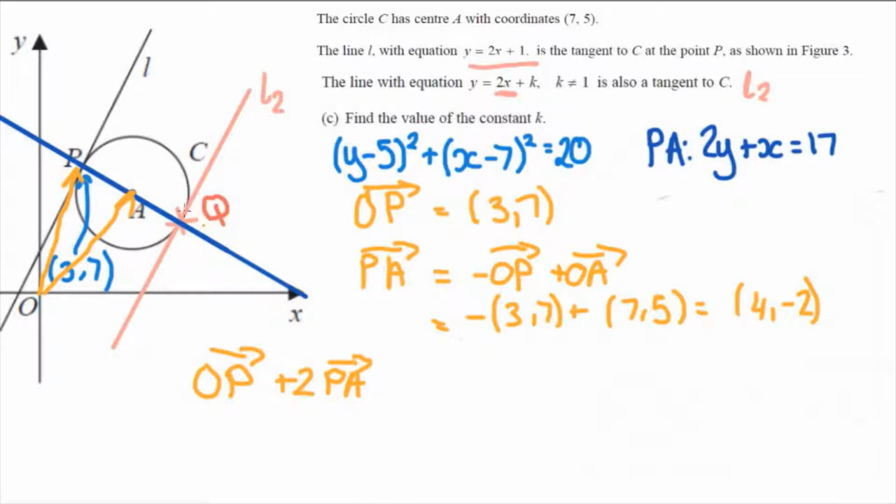And that will take us to Q. So we get 3, 7 plus 2, 4 minus 2. And that will give us 11, 3, which is the point Q. And then we can finish off the question by substituting this point in here and finding that K is minus 19 again.